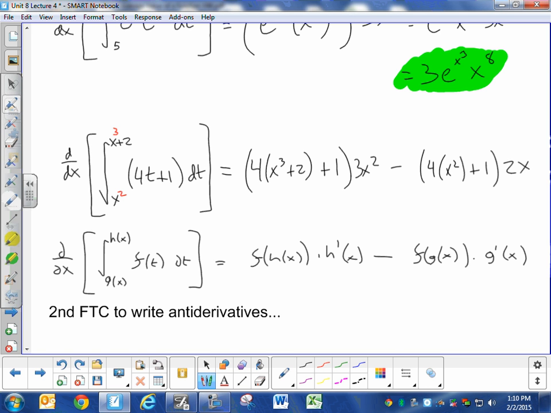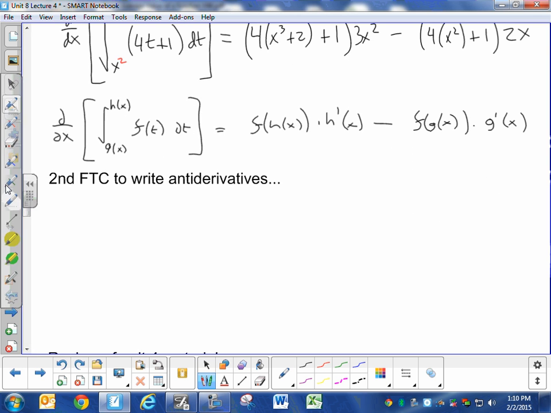Questions about that? Notice how I'm using the parentheses around my entire function times this derivative. Entire function times the derivative. Okay.